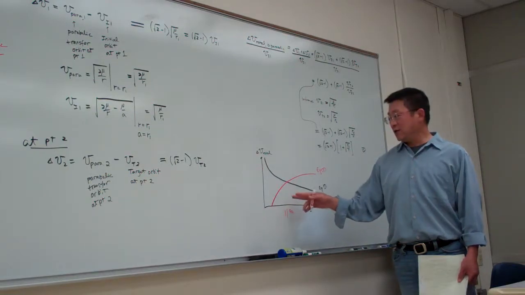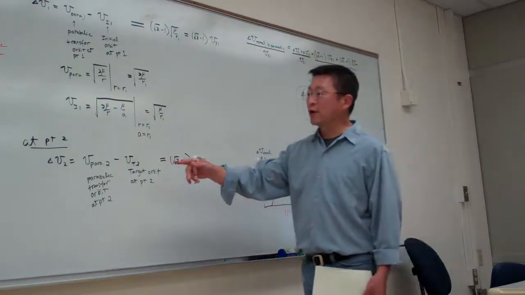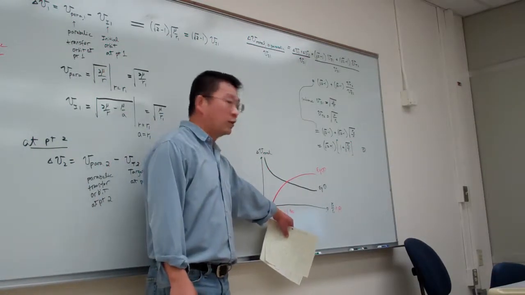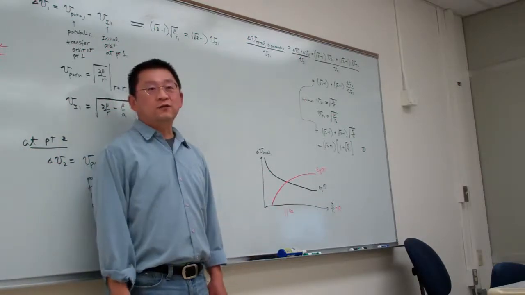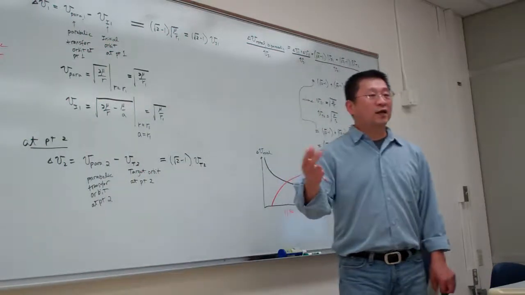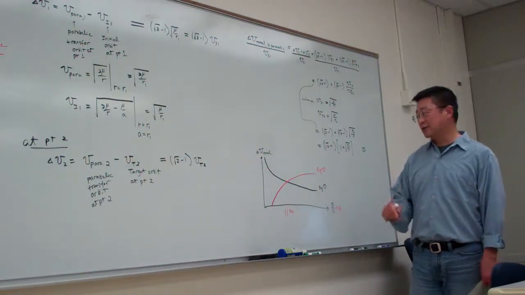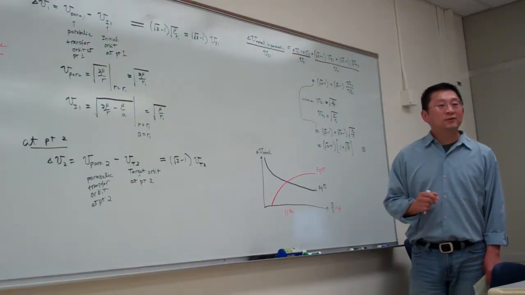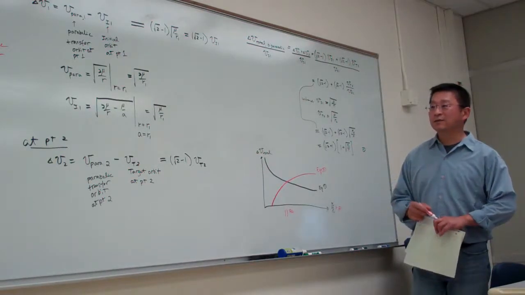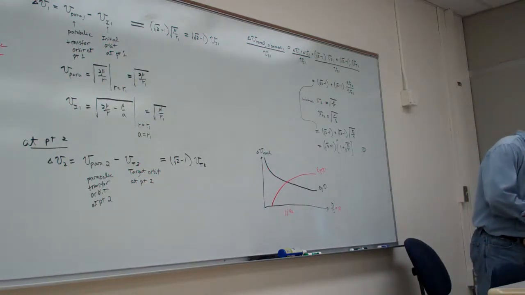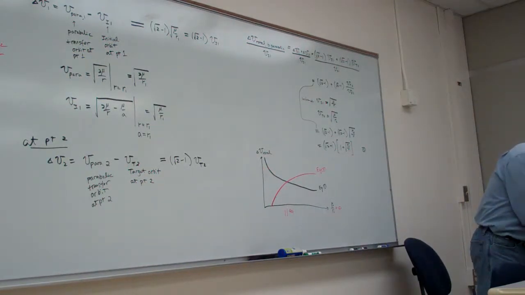So that means if your initial and target orbit relative size falls under 11.94, then if you want to be fuel efficient, you go to Hohmann transfer. If your initial and target orbit size ratio is larger than this, then you have to consider other options. Okay, so that is the story here. Okay, so that is it for this section.